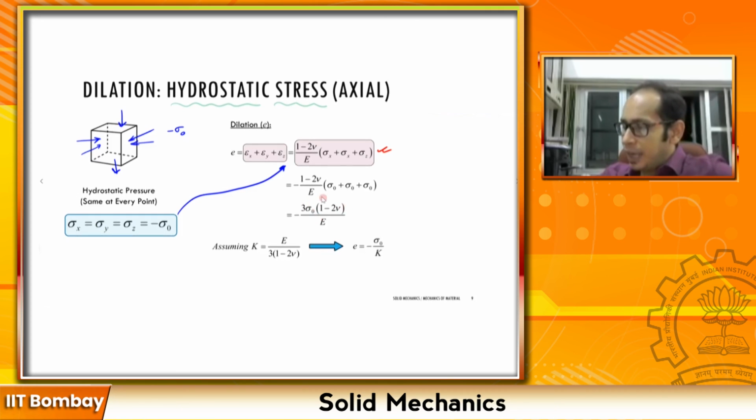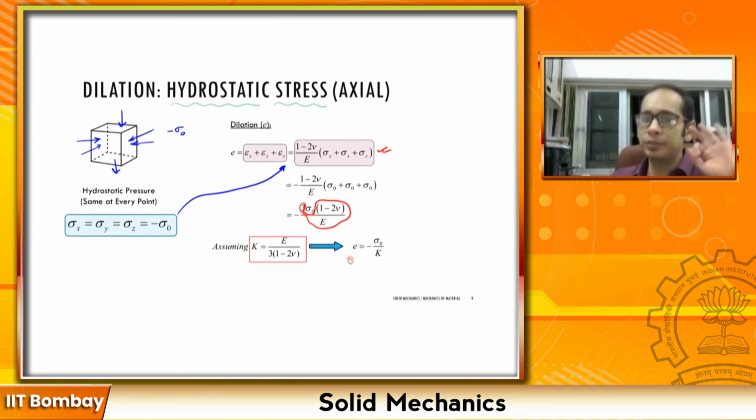I can take this entire expression and separate this one out: this 3 times 1 minus 2 nu divided by E that you get, if you take the reciprocal of that one over here, which is this particular formulation that you're looking at, right? Remember what this is called, the K, it is the bulk modulus, right? So this is related to the change in volume.